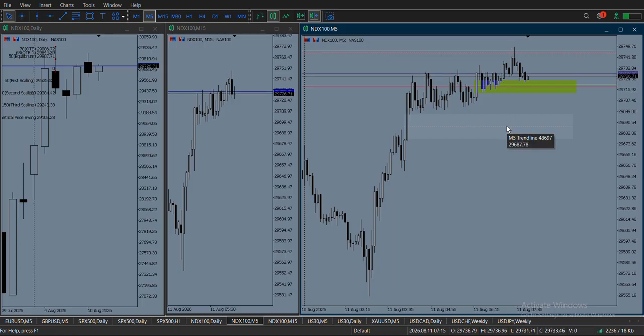So yes, I talked about my entries. I talked about how I want to refine entries. If I'm looking for a liquidity pool at a specific level, then I want to be in on an entry before 20 points away from that liquidity pool. So now we are talking about that level.